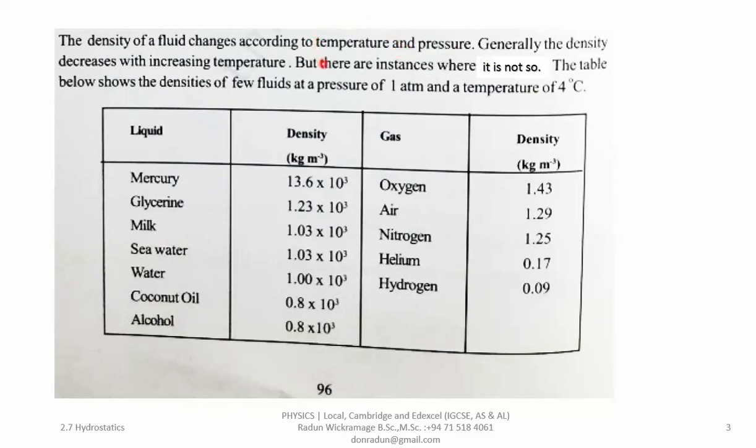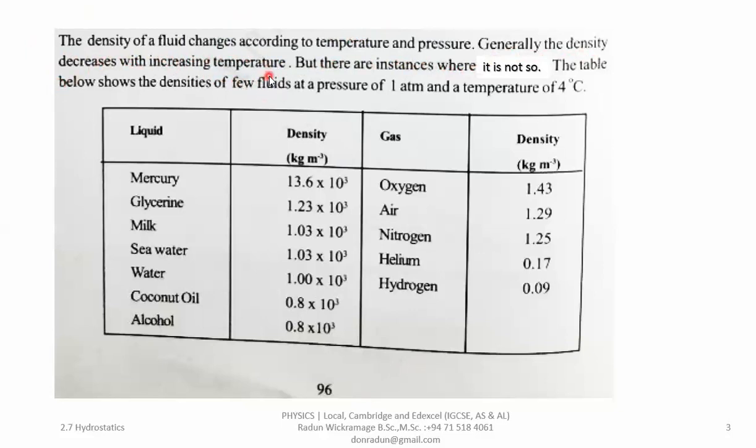As well, when we increase the temperature, the volume usually rises, and due to the increase of volume, the density goes down. The density of a fluid changes according to temperature and pressure. Generally, the density decreases with an increase in temperature.